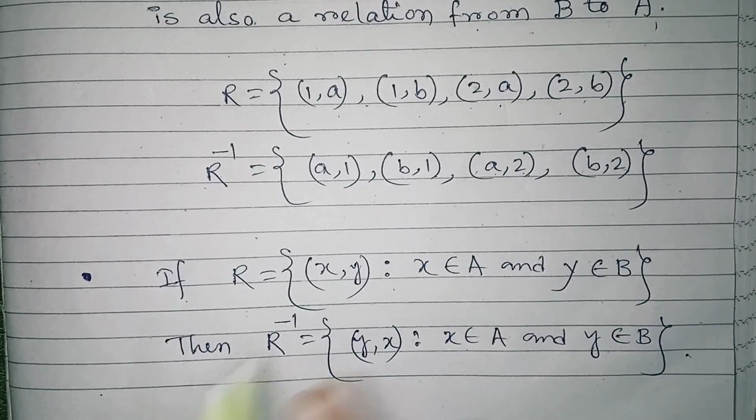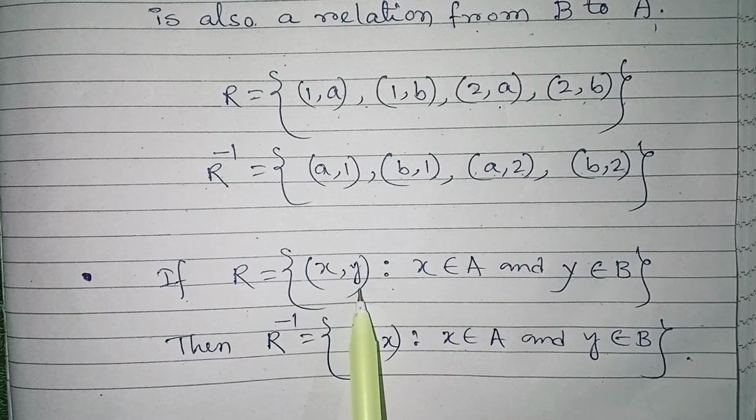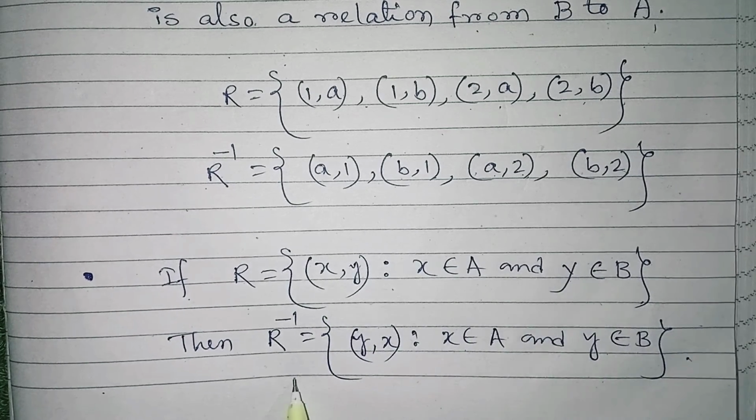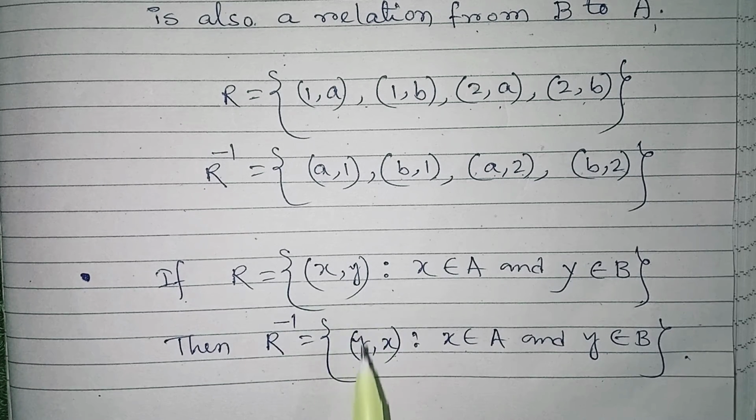This is the roster method. By the set-builder method, suppose R is x comma y where x belongs to A and y belongs to B, then R inverse must be y comma x. The range will be domain and the domain will be range.